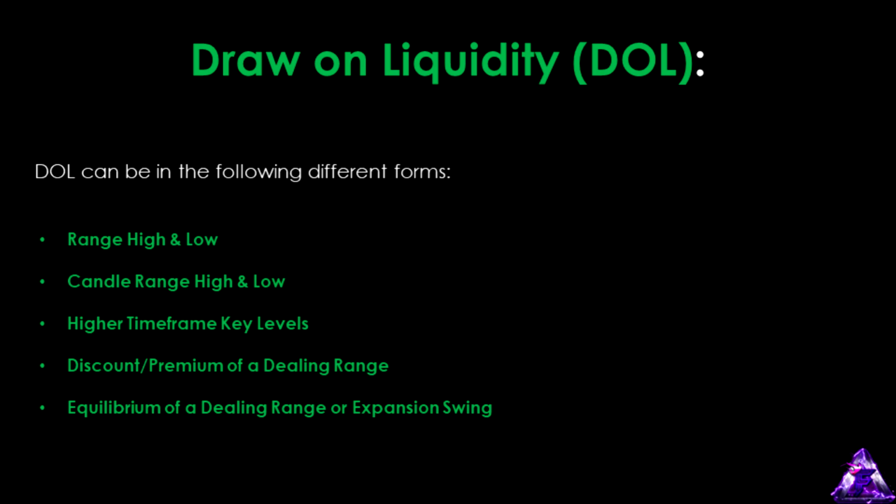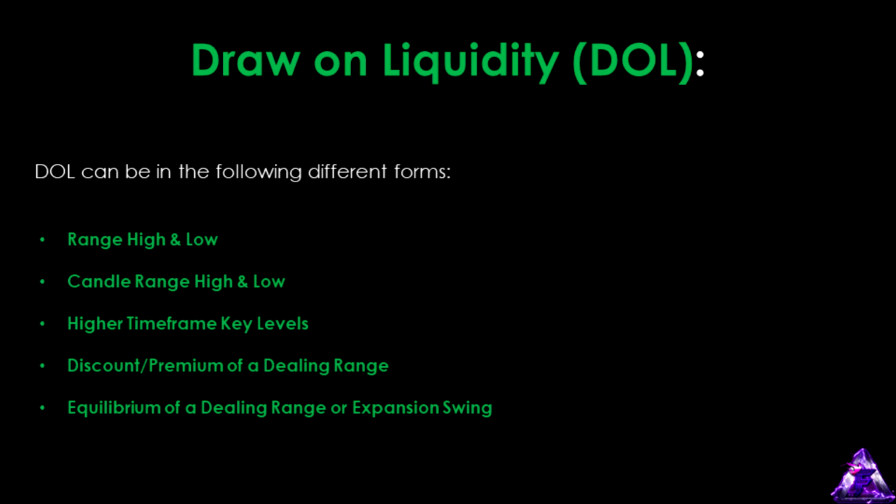Another form is the discount and premium zones within a dealing range. If you have studied my dealing range chapter, you'll know that every market has a dealing range with two halves, the discount and the premium. Based on the order flow and the market profile you're working with, these halves will have different characteristics.